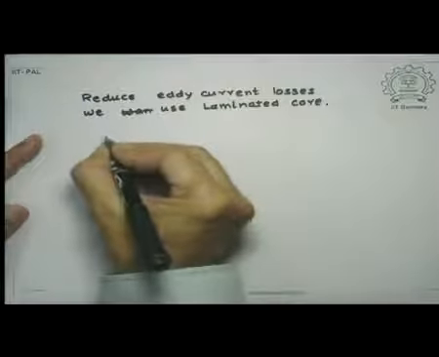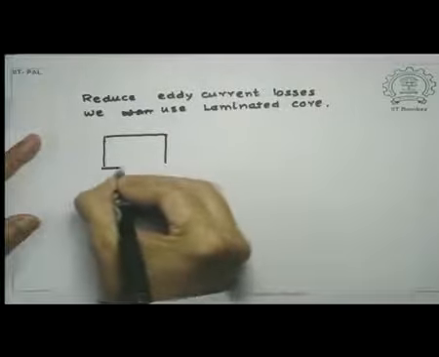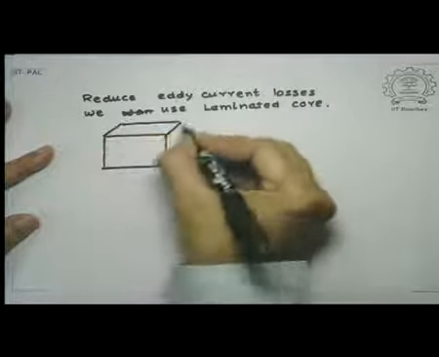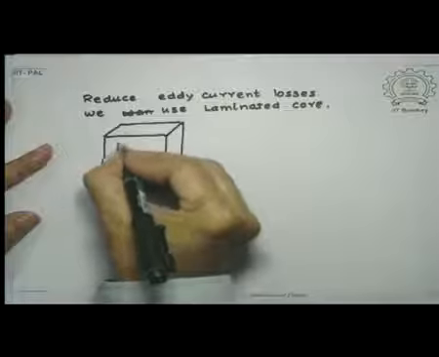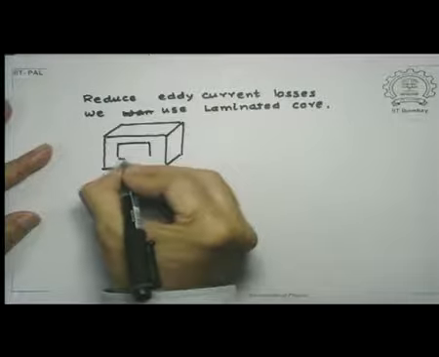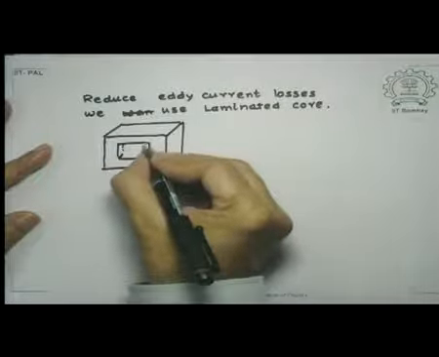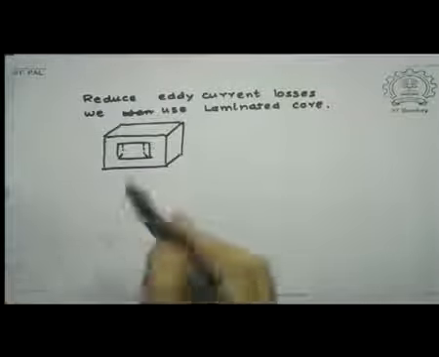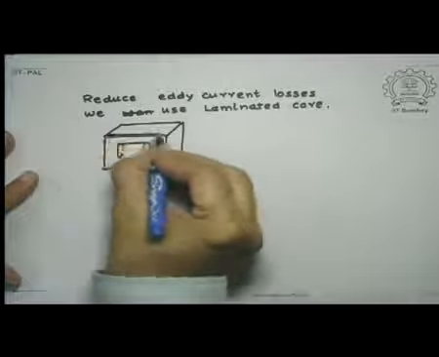So this is my core. Let me show you a section of that. Now see, what happens here is that I take, instead of a single block, layers. Let me try to show you the various layers by drawing them.